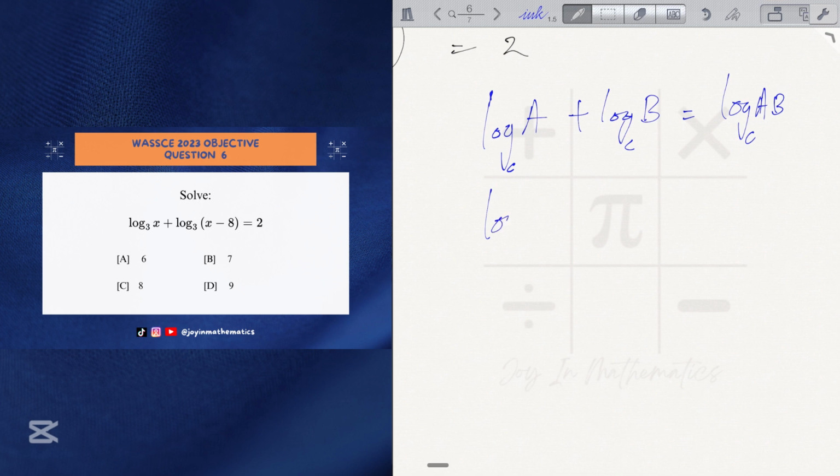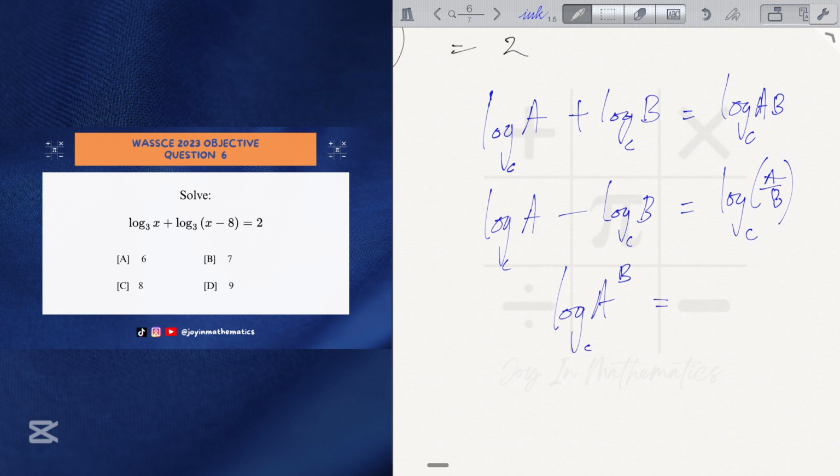Similarly, log a minus log b, provided they have the same base, is equivalent to log a over b to base c. In the same vein, when we have log a raised to the power of b, let's say to base c, it will be equal to b times log a to base c, because b becomes a multiplier of log a to base c.